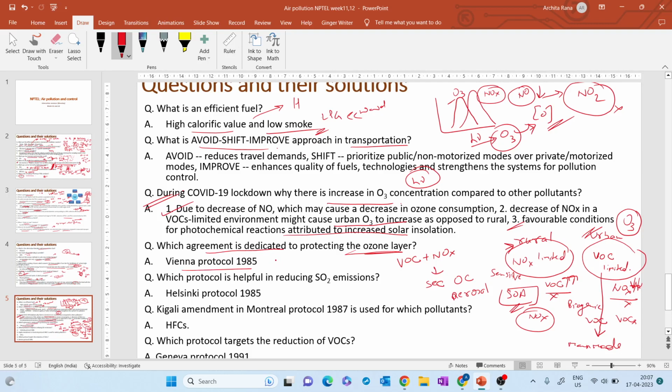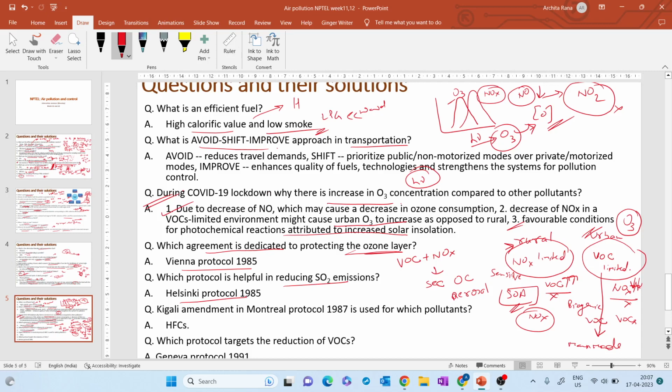And under the Vienna Protocol there is something called Montreal also, and the basic function of them is to make sure that over the coming 20, 30, 40 years, the ozone hole over Antarctica will be filled or reduced. Next, there is a protocol for SO2 emission, which is the Helsinki Protocol.